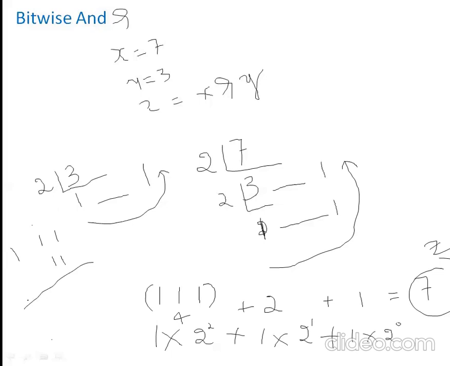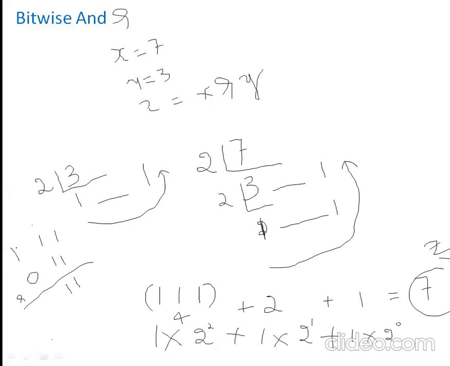Now if I perform the logical AND operation, if there is nothing, I can add a 0 here. So now if I perform logical AND, true and true, what we get? True. Again true and true, true.